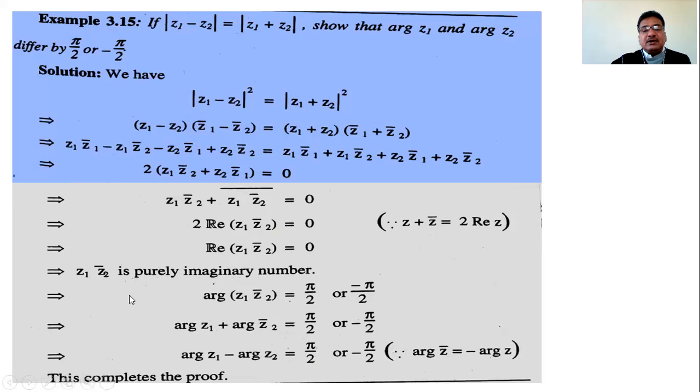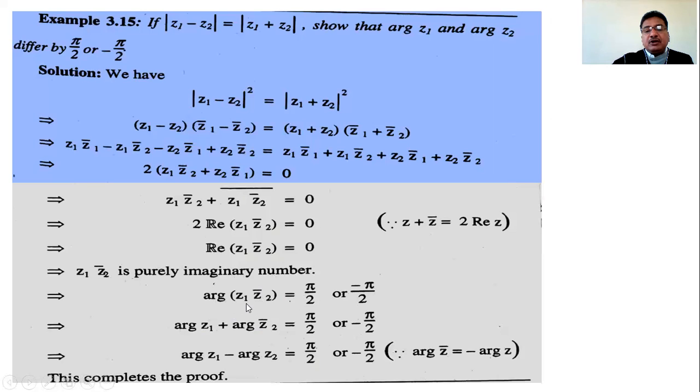And if the number lies on the y-axis, then its argument, the positive y-axis makes an angle pi by 2 with the positive x-axis, and the negative y-axis makes minus pi by 2 angle with the positive x-axis. And therefore the real part of this number is 0, means this number is purely imaginary. And if the number is purely imaginary, then its argument is pi by 2 or minus pi by 2.